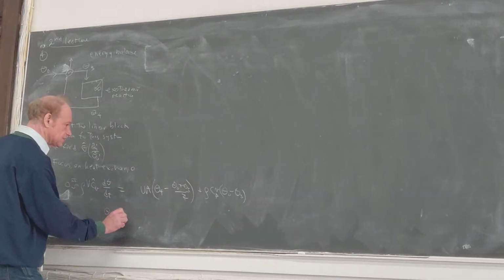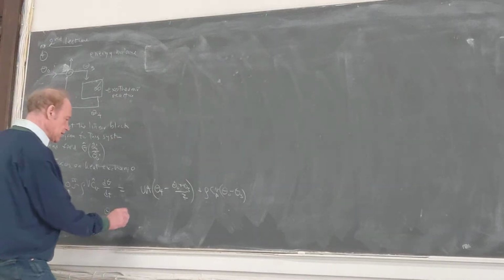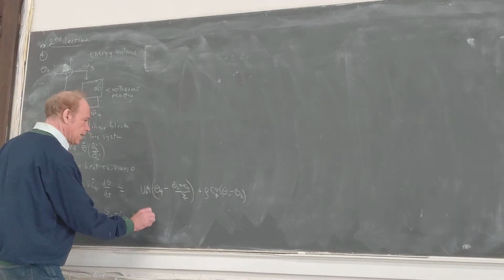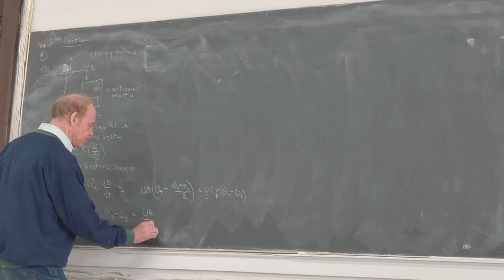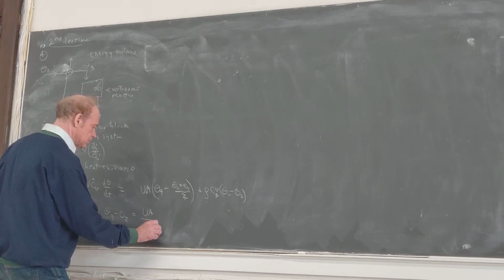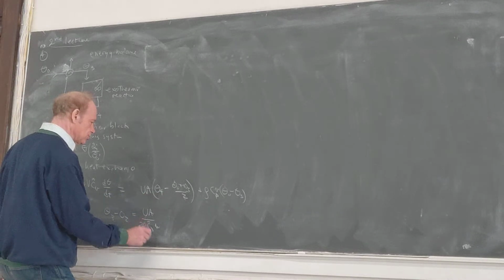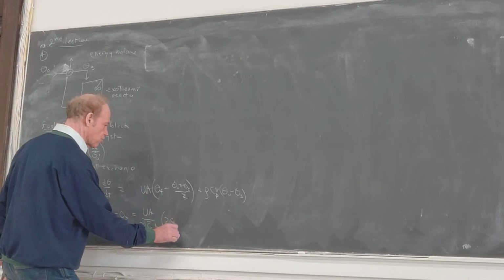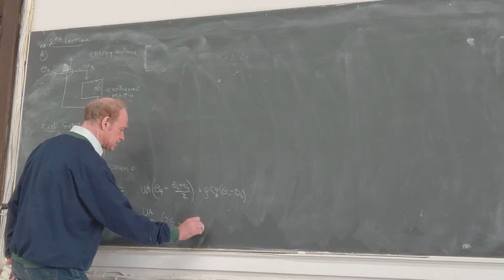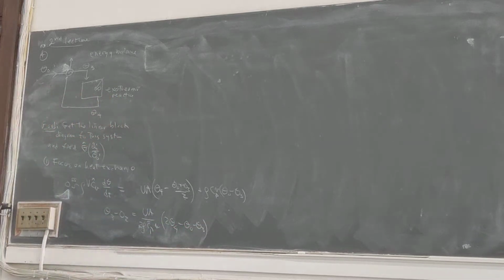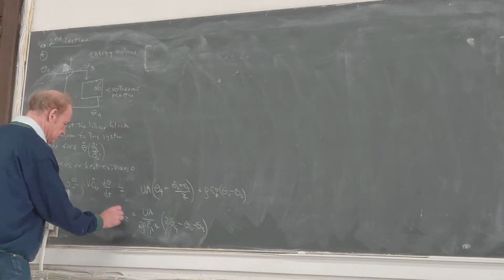Theta 3 minus theta 0 is equal to UA over rho CPV, and I'm going to factor out the half, times 2 theta 4 minus theta 0 minus theta 3. And this should be a theta, not a 0.